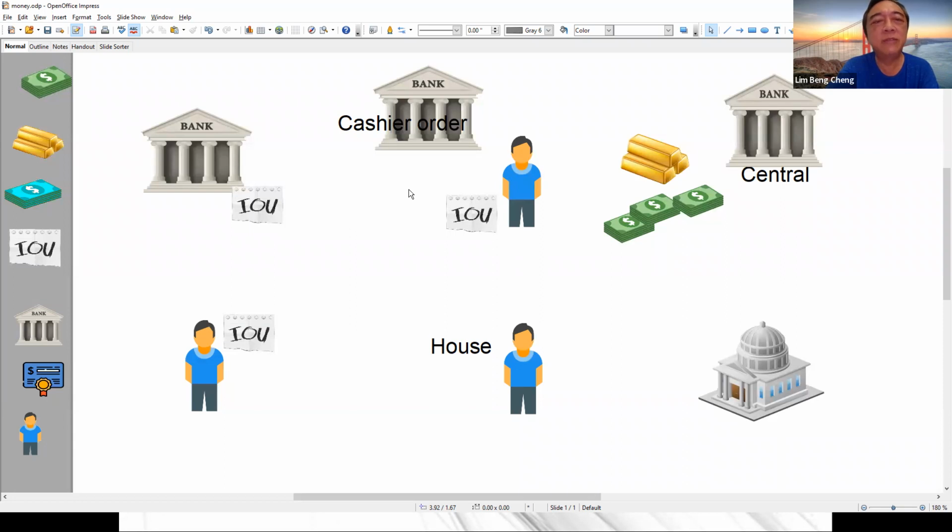So DBS says, I received a cashier's order from OCBC. OCBC says, I received a cashier's order from DBS. So the two will laugh at each other. Okay, let's contra out. I don't need to transfer to you, you don't need to transfer to me. If the value is different, just contra and I send you the difference.